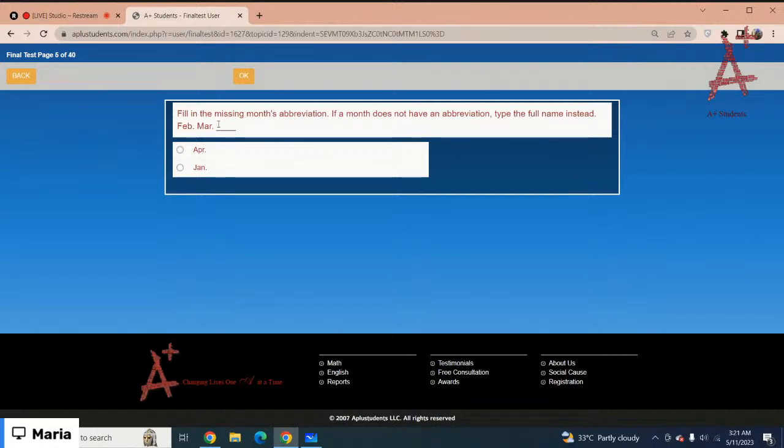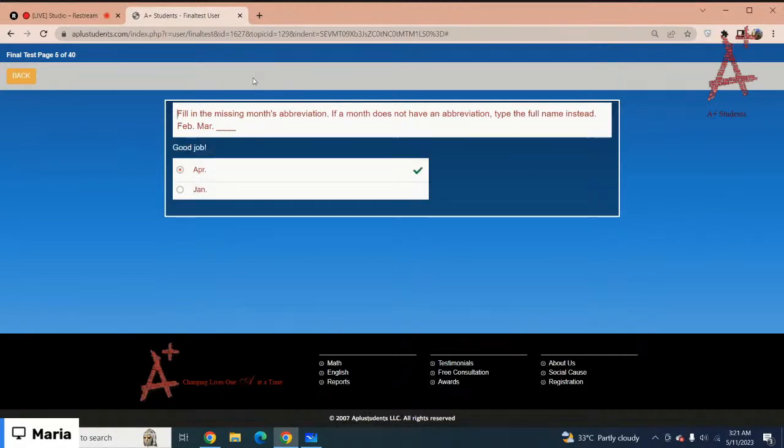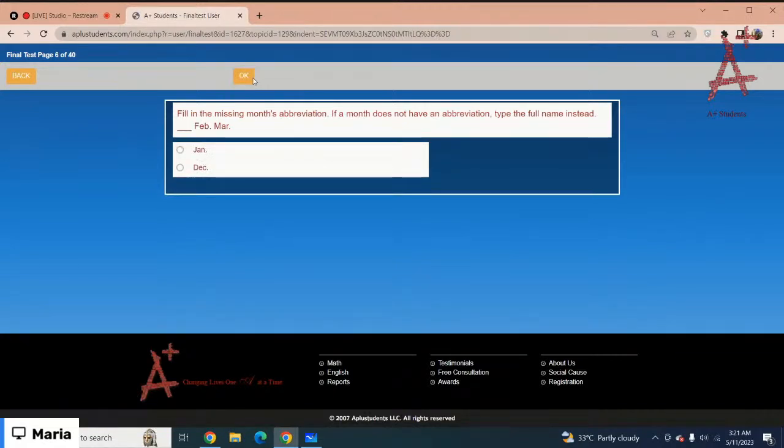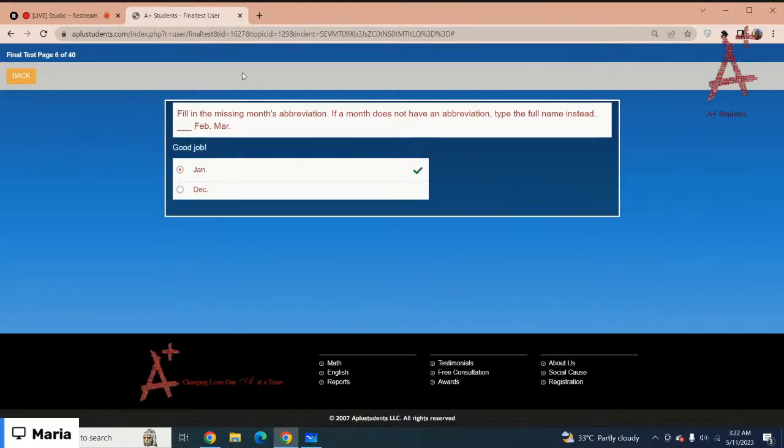Yes, it would be April, right after March. Got it? The correct option is April. Which is the month before February? January is the month before February.